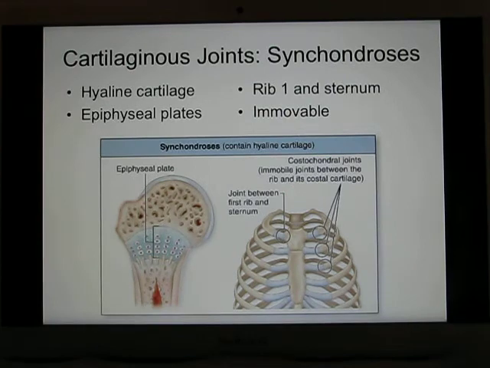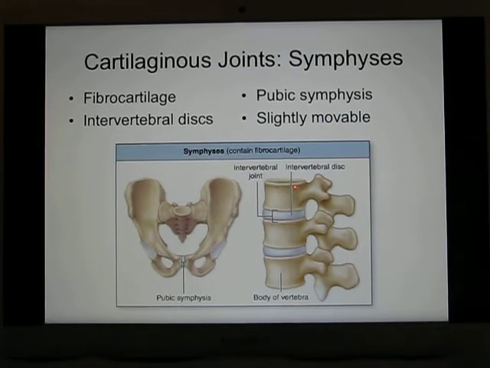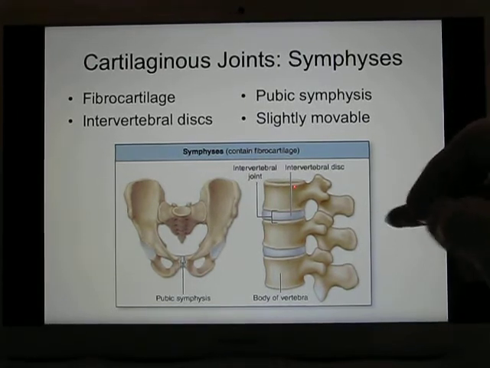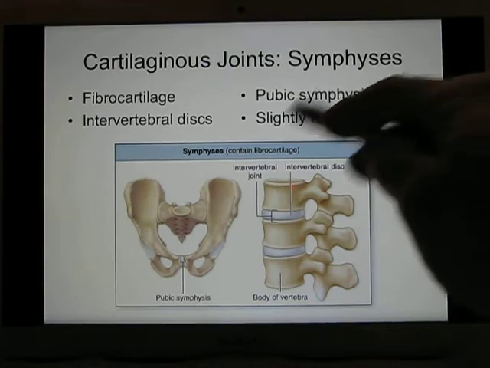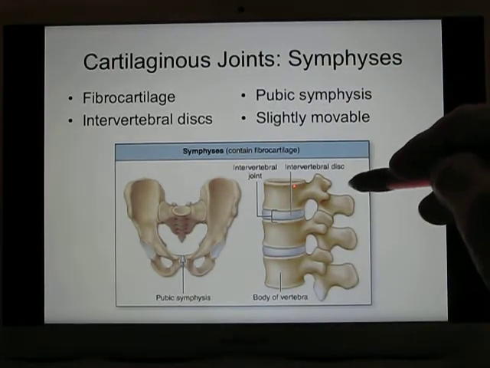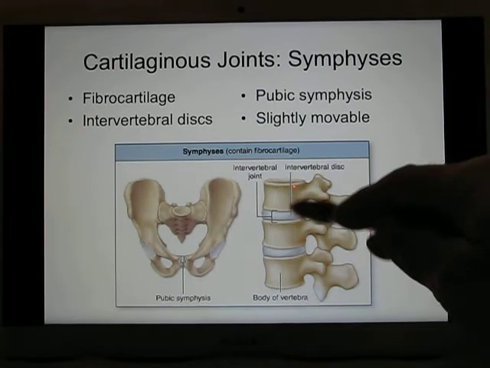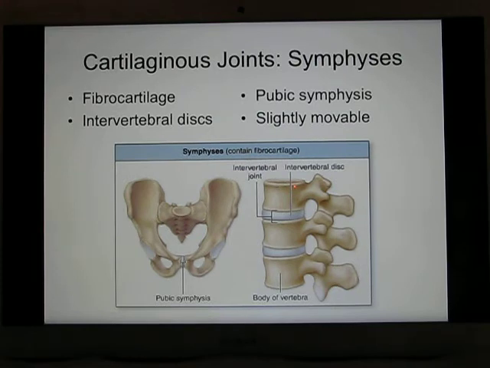These are the examples. Symphysis are the joints you put in the areas you don't want them to move at all, like the pubic symphysis between 2 big pelvic bones, and between the vertebrae and intervertebral disc, they put the fibrocartilage, the very strong cartilage.